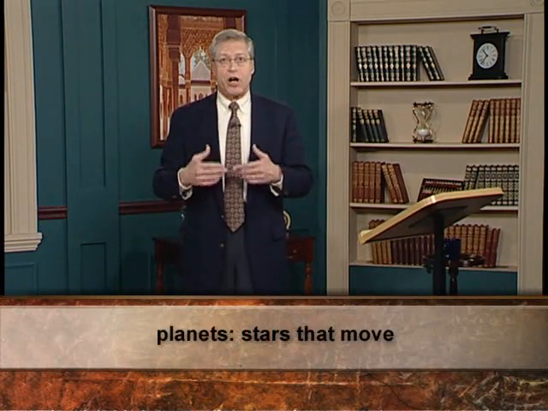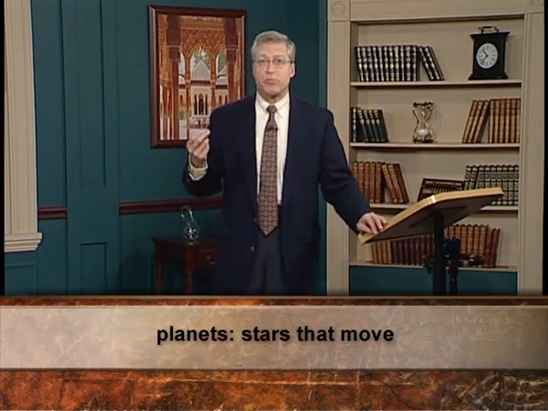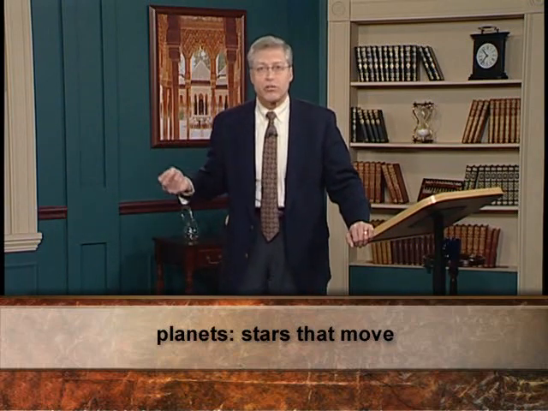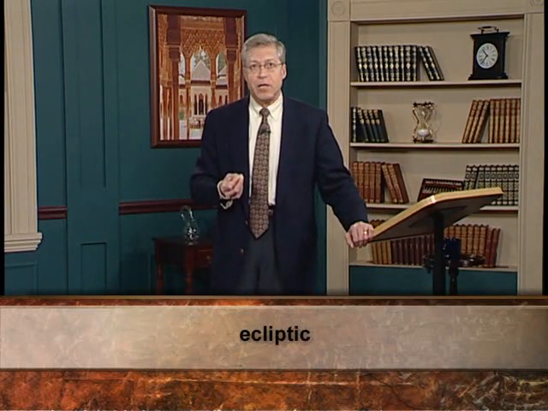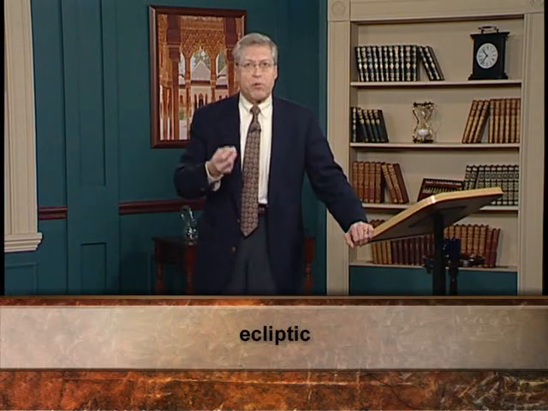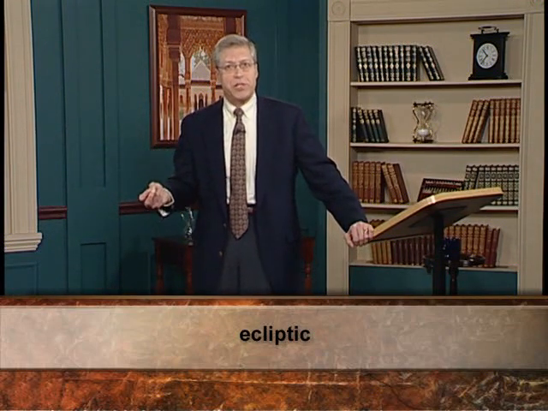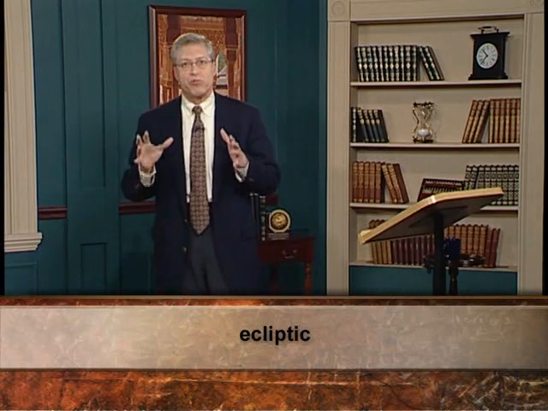So the planets are the stars that move, and it was observed that these stars that move also follow the ecliptic. To the ancient astronomers or astrologers or mathematicians, again, those three terms really are synonymous, these points of light followed the same path as the sun.